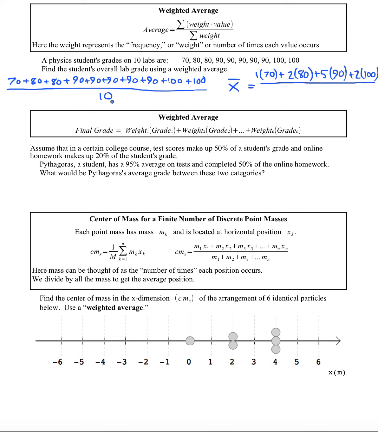And rather than dividing by 10 here, we add up the sum of the weights. So the weights are sometimes called the frequencies, the number of times the different elements occurred. And the values are the actual scores that they got on this lab.